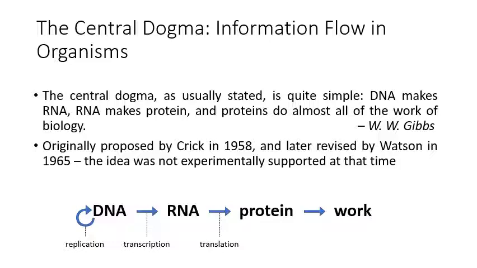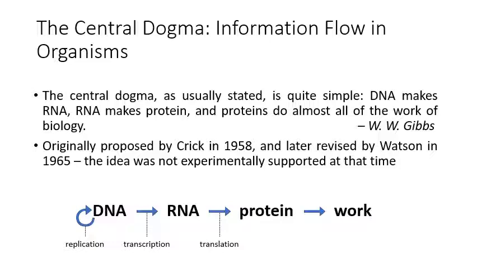The original idea was proposed by Francis Crick in 1958, but it was revised later on by James Watson in 1965. When they had this idea, there actually wasn't any experimental evidence for it. So it was just an idea that they had. They also didn't really have a way to test it at that time. But since then, we found that it's pretty right.